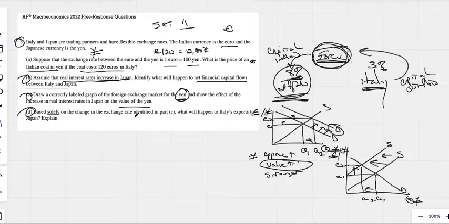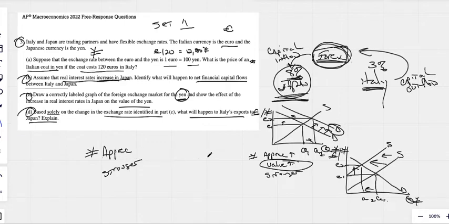Based solely on the change in the exchange rate, what will happen to Italy's exports to Japan? Well, the yen is appreciating, which implies that its currency is stronger.